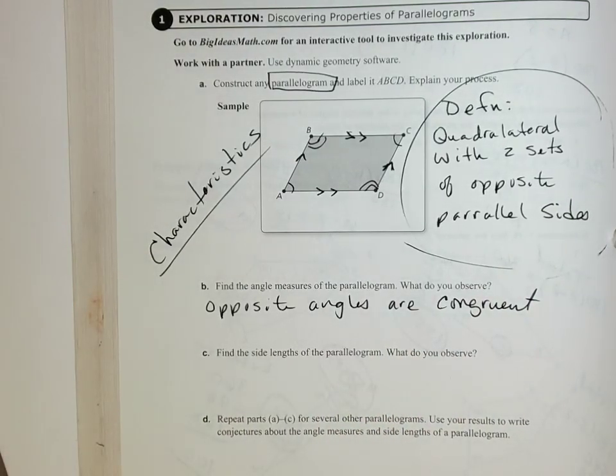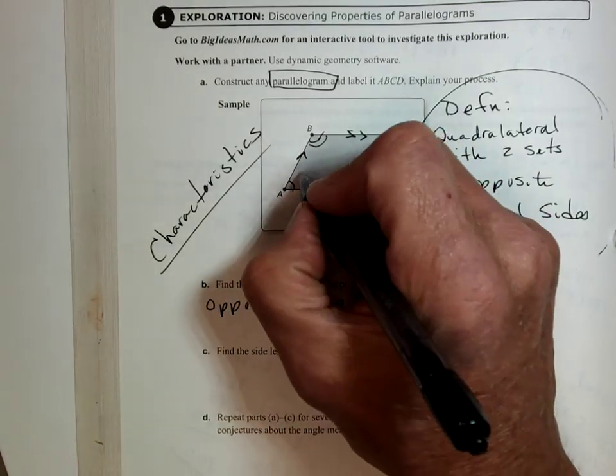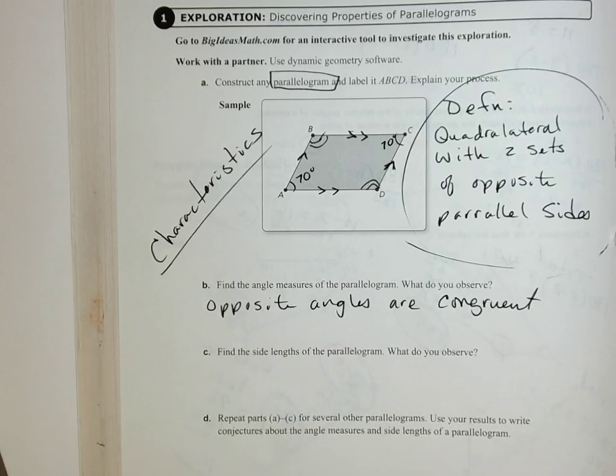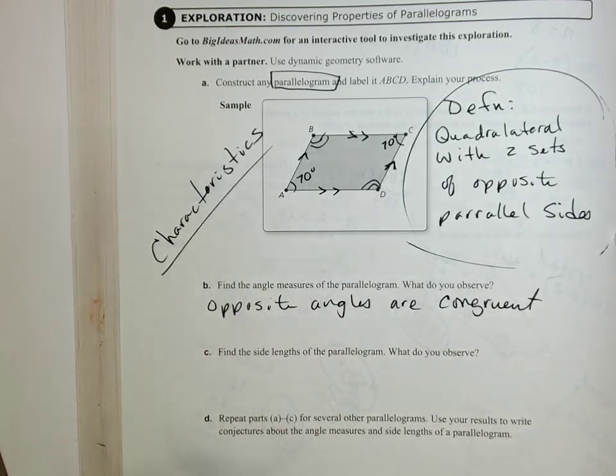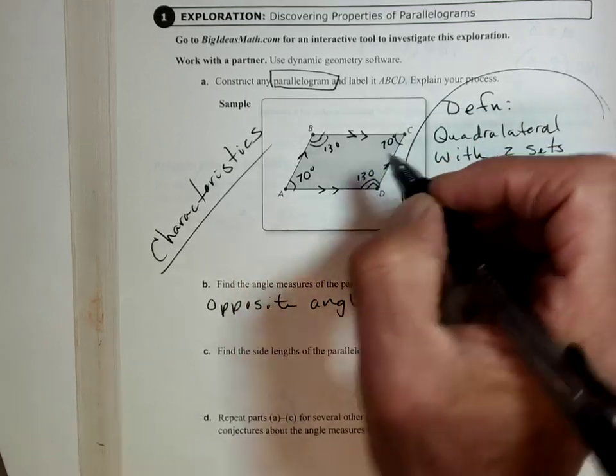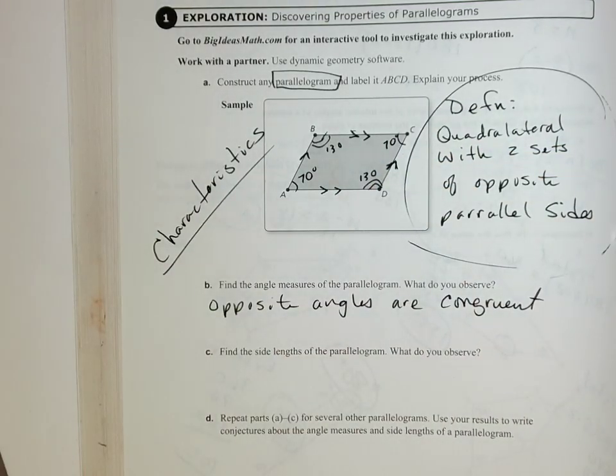So, for instance, if this angle were 70 degrees, that angle would be 70 degrees, right? We know if this angle is 130, this angle would have to be 130, okay? Opposite angles are always going to be equal in a parallelogram. You probably knew that. Okay, these are pretty easy ones.